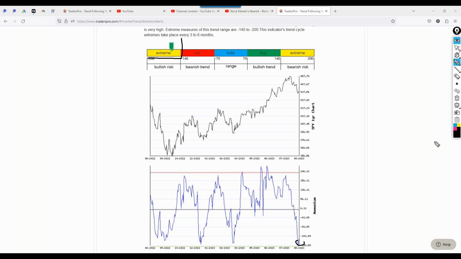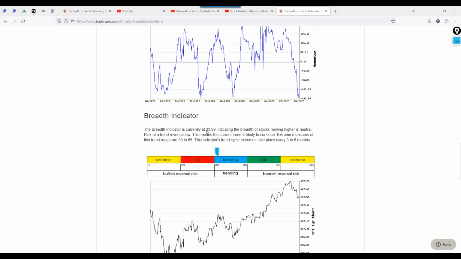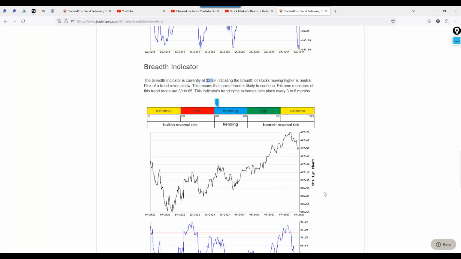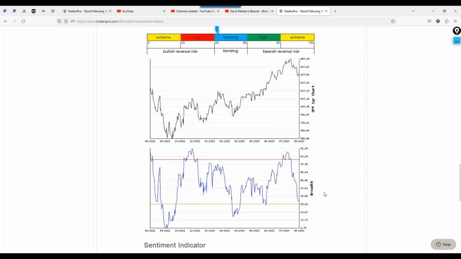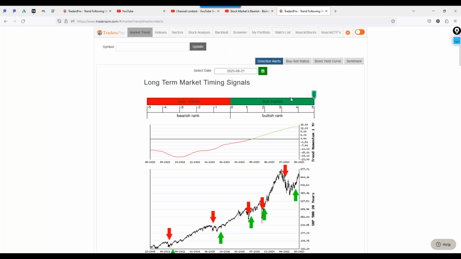We've notched all the way down to the bottom of that indicator, and then also breadth we're seeing at 33, which is essentially 33% of the overall stocks in the database are trending up, which means the vast majority, 75%, 76% are trending lower. So that's definitely not bullish, and it's going to be tougher and tougher to get a rally out of this, but we'll look at that chart pattern here now.